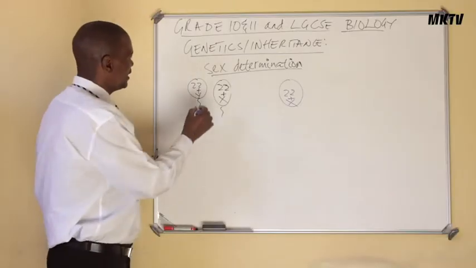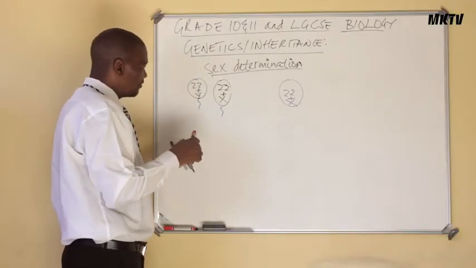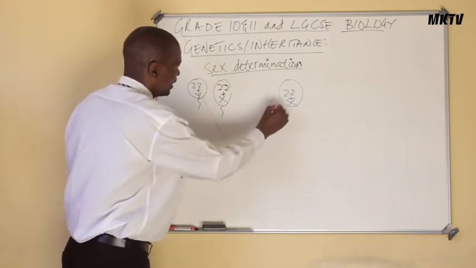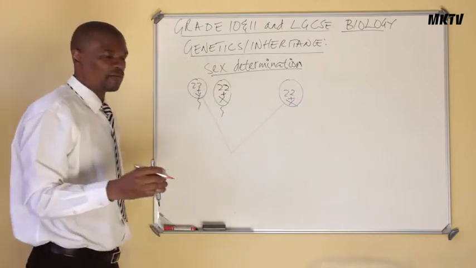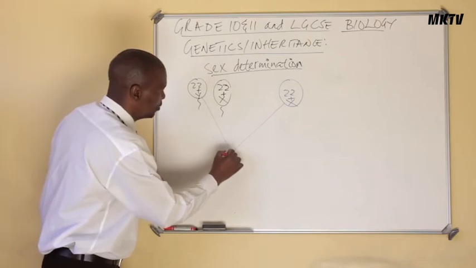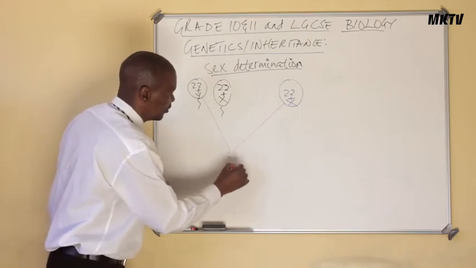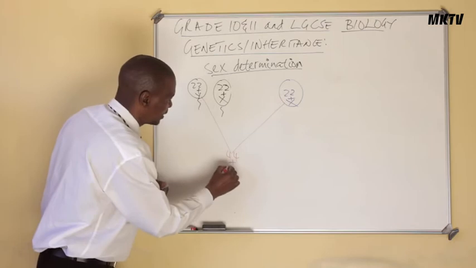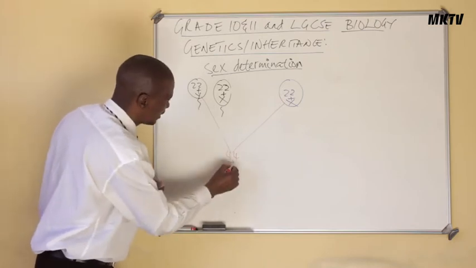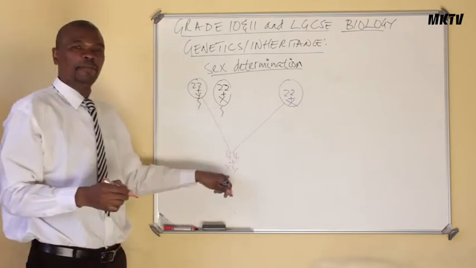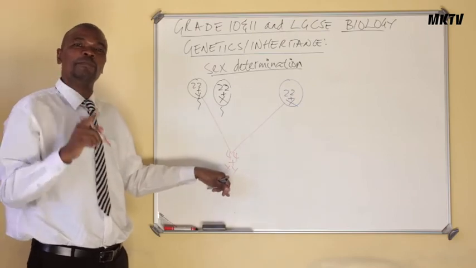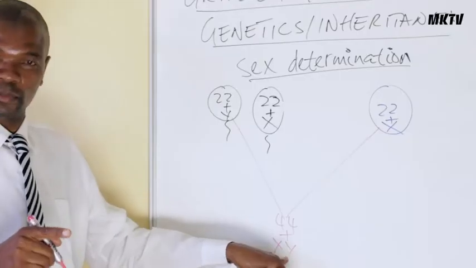We mean that if there's going to be fertilization between this and that, we shall have 22 plus 22, which is going to give us 44 plus X and Y. So the baby born here is going to be a baby boy because of the Y chromosome.